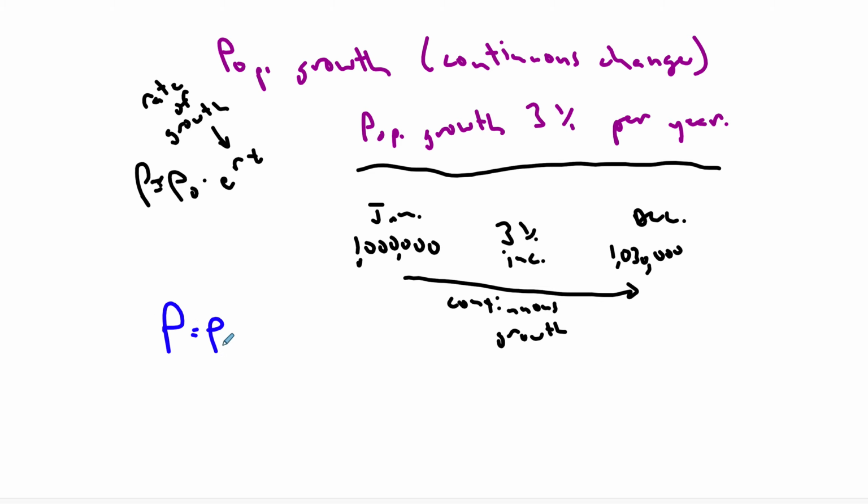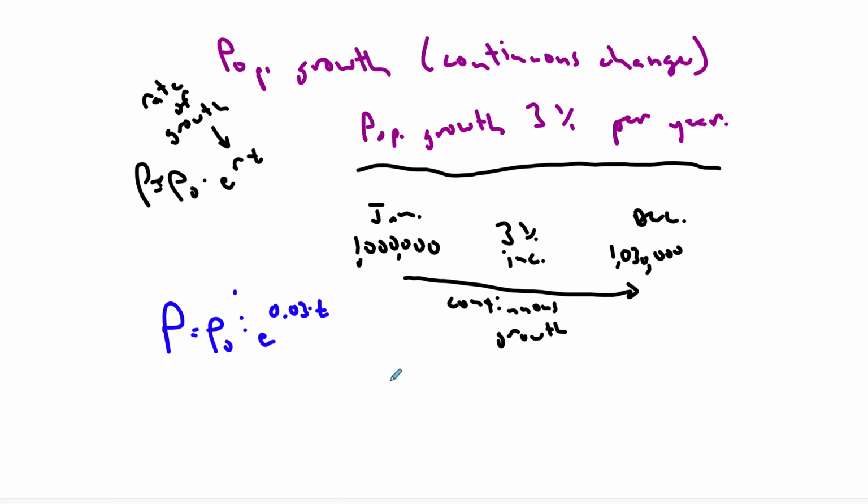P equals P naught, we still don't know the initial population, whatever it may be, it's a number, e to the, well, we convert this 3% into a decimal, times t. So you take the 3%, you convert it to a decimal, because it's continuous change. A lot of things end up being continuous change, except for money, where it actually ends up being what we call a discrete change.